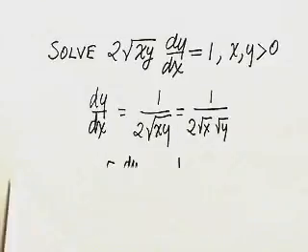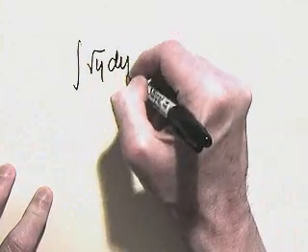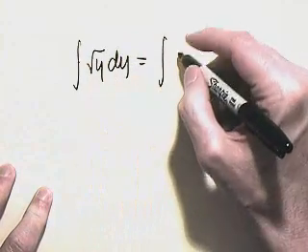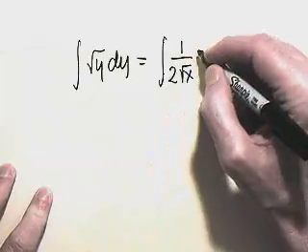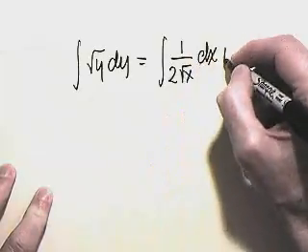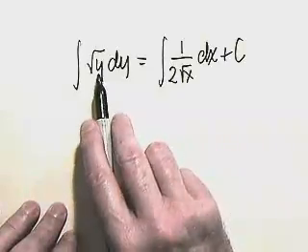So putting in another sheet here, we have the integral of square root y dy equals the integral of 1 over 2 square root x dx plus a constant. So let's carry out the integrations.